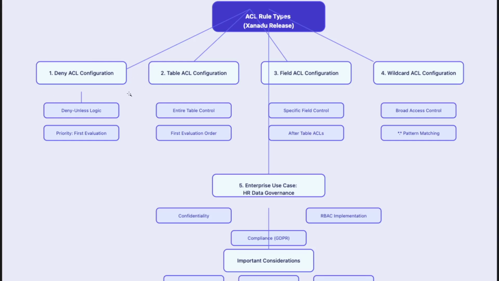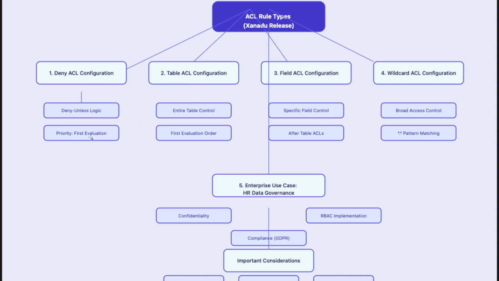The deny ACL configuration, you can compare it with the before business rule, as we are familiar with business rules. As we know, before business rules run before the form is loaded. So here the deny ACL is like that. It runs before the normal ACL rules run, which are table, field, and wildcard.